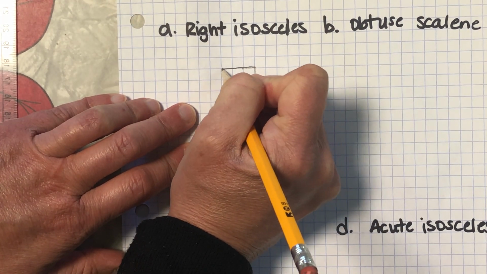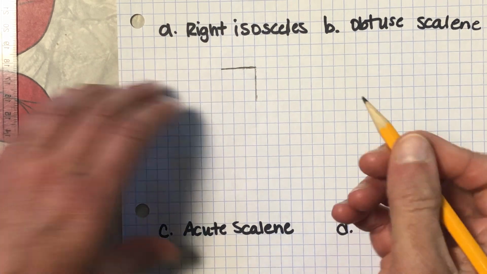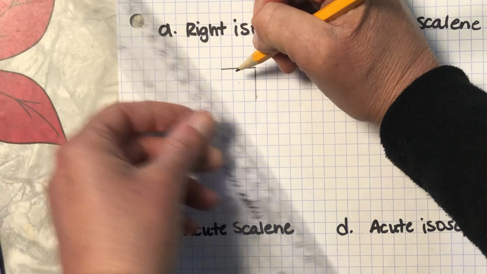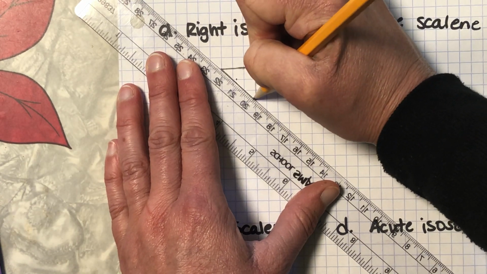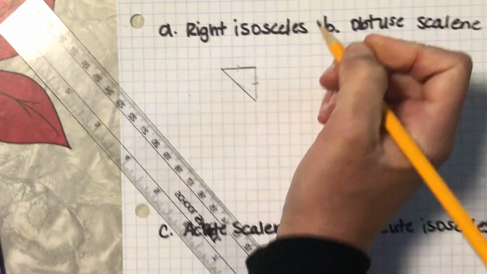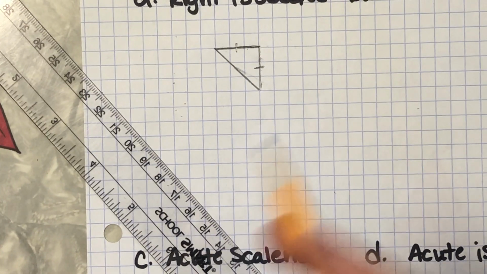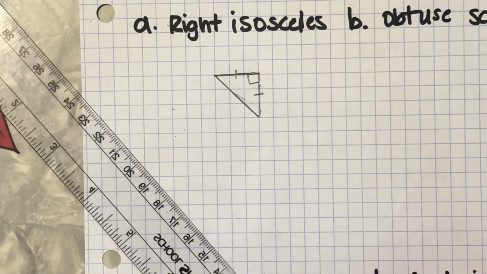And 1, 2, 3. Here we go. I'm going to use my straight edge to connect them. All right, here are my sides that are the same. This is the criteria for an isosceles triangle and my right angle. So this is a right isosceles triangle.